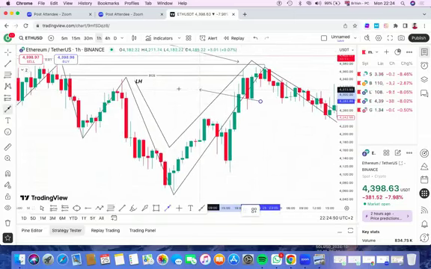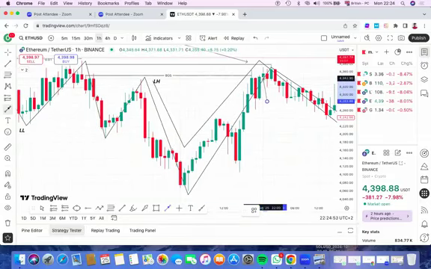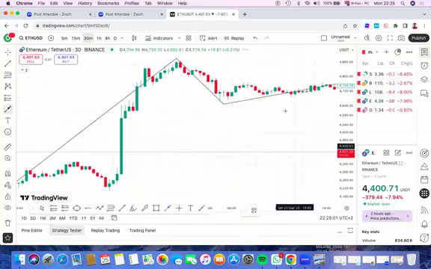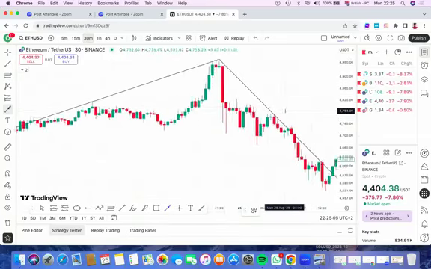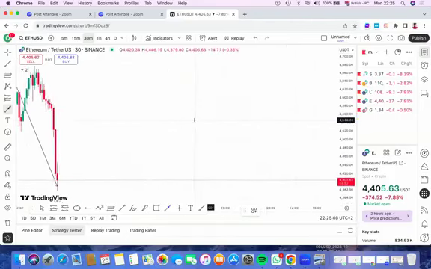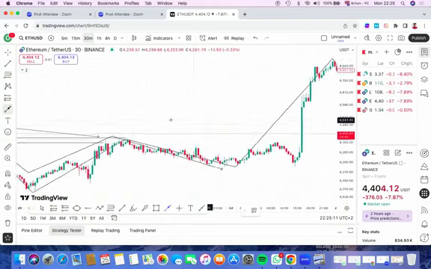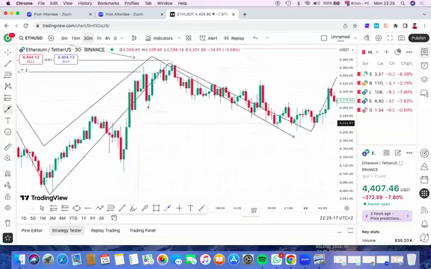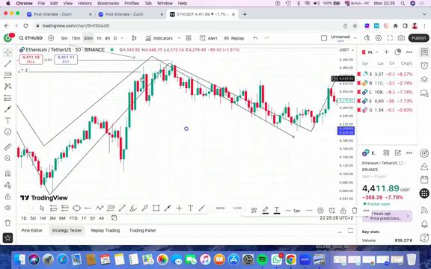But if I should go to a lower time frame, like 30 minutes, we can see that this candle clearly closed outside of it.